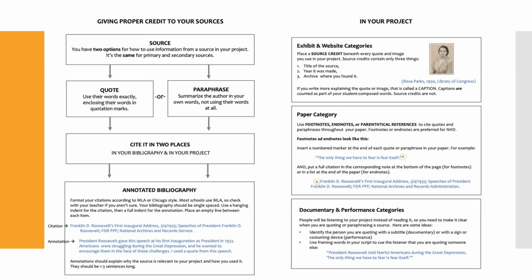Students really only have two options for how to use information from any source, whether it's a primary source or a secondary source. They can quote from the source using the exact words in the source and enclosing those words in quotation marks, or they can paraphrase, which means they summarize the author in their own words.